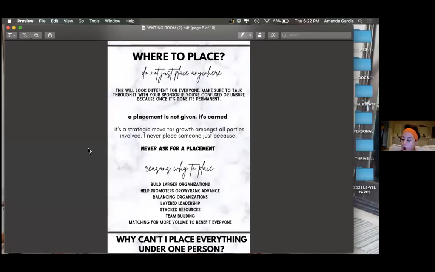I always believe in building 2 legs until you get to the top. Absolutely have placement holders, have organizations that are going to float you for having that active leg. But if you can build within 2 strong legs, you have help. You just have so much more going on.